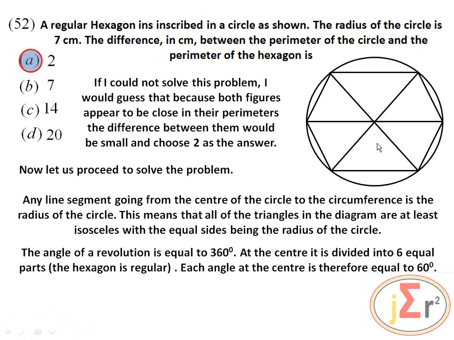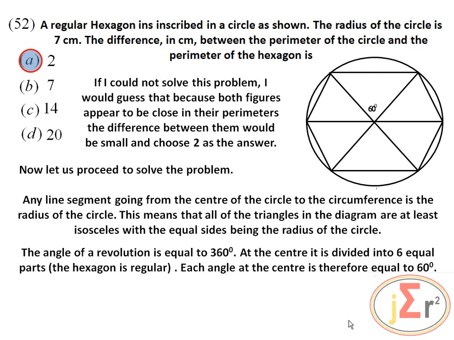So we have two facts. The angle at the center for this triangle and for the others is 60 degrees. And we are also sure that these sides are equal. So the triangles each will at least be isosceles.